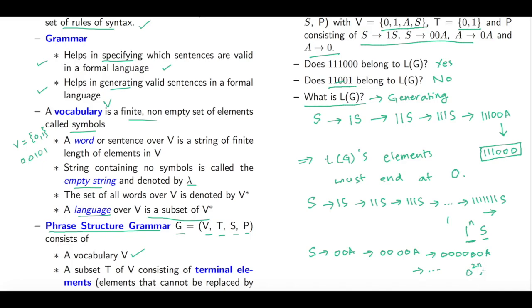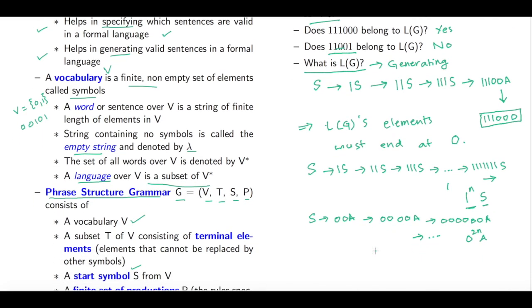Why can I say that? Because I have two zeros concatenated at every step. Okay, and then I can also say S to 00A, and because A can be terminated at 0, so 000.